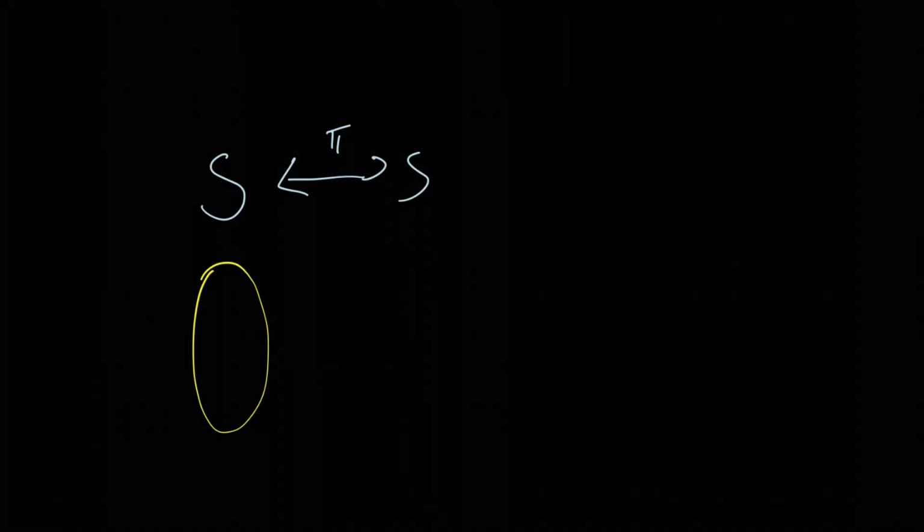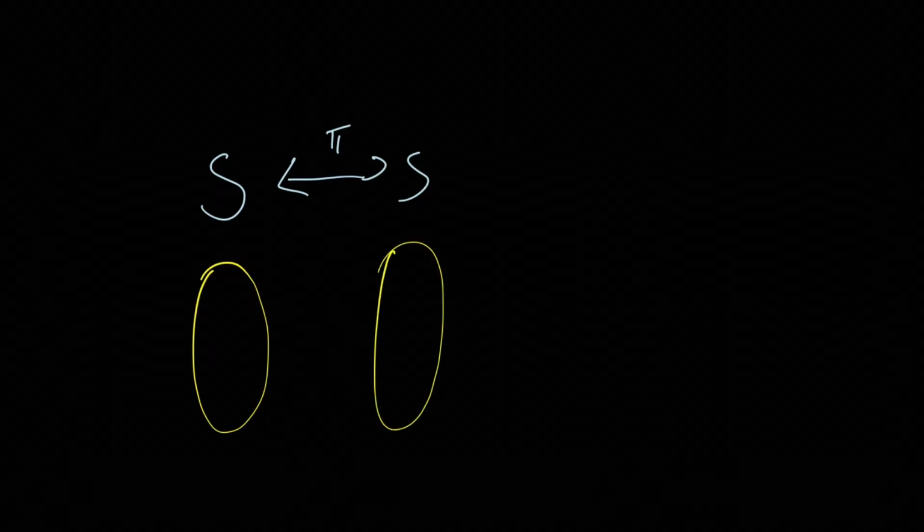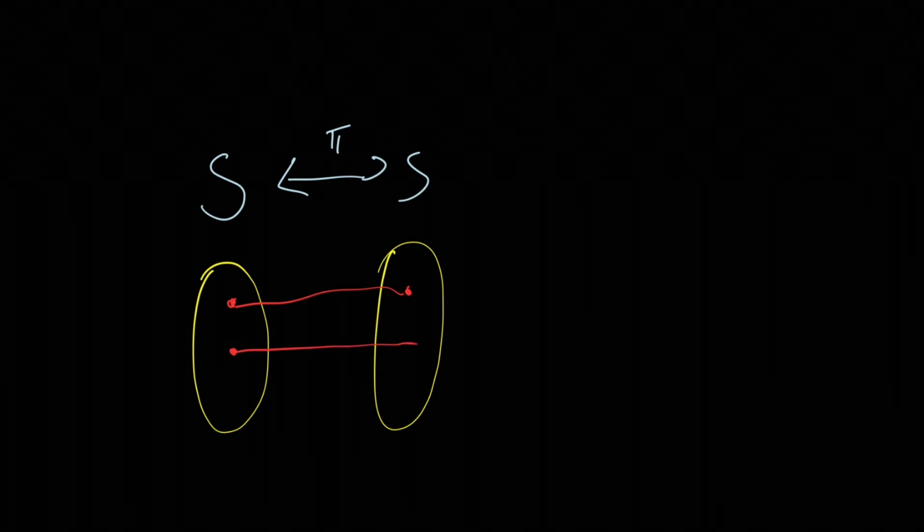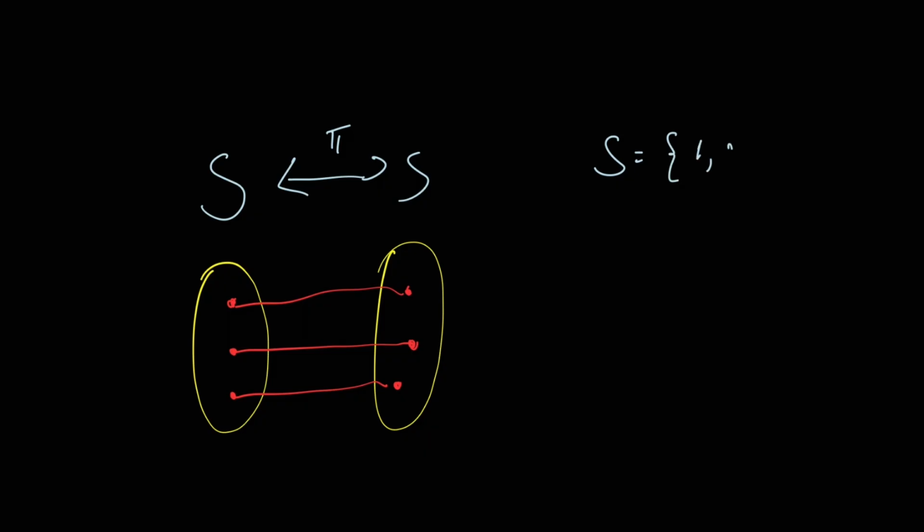So we have a set S, which is both the domain and the codomain, and we have a bijection from S to itself.